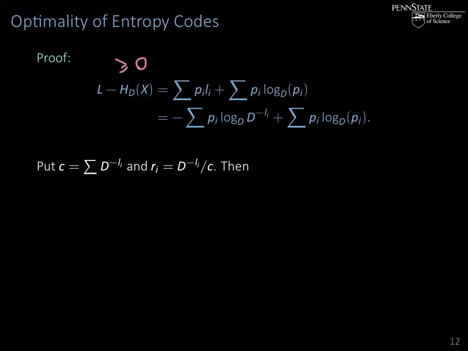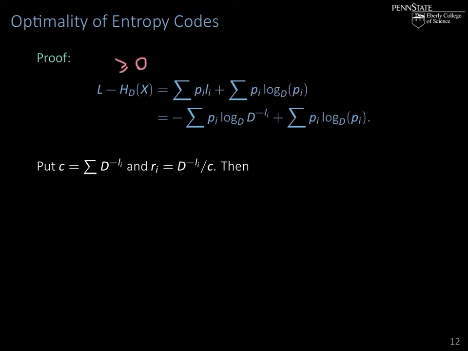So think of this now, c is the overall mass that is given to us by the li's with respect to our base d, right? And ri is then just the mass that the length li contributes to the overall mass.